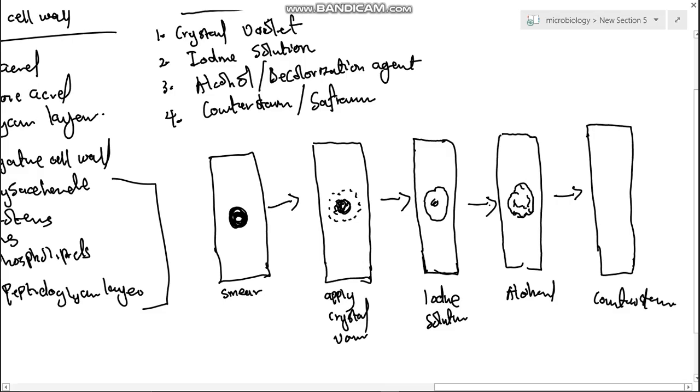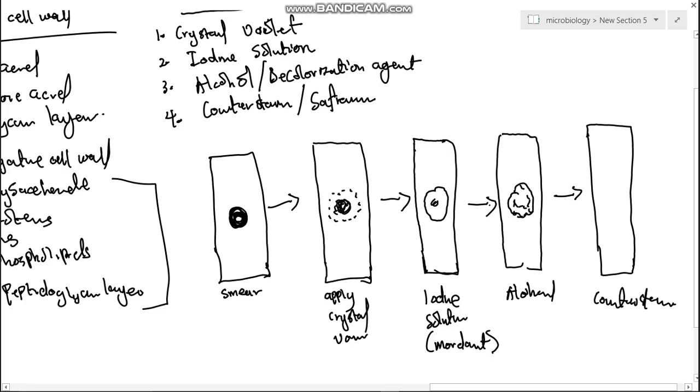So the first stain, crystal violet, imparts color onto the cell wall of the bacteria. And what the mordant does, that's the iodine. The iodine solution is also called a mordant. What the mordant does is that it forms a complex with the crystal violet, so it becomes a crystal violet-iodine complex.